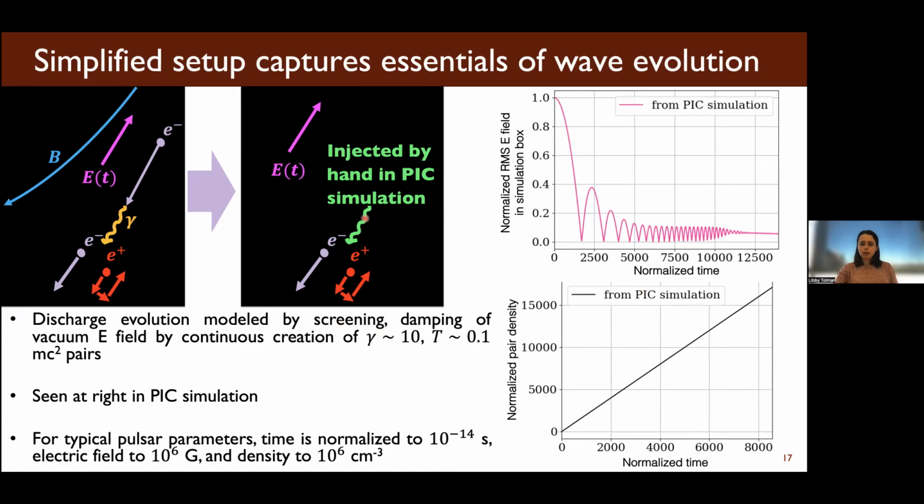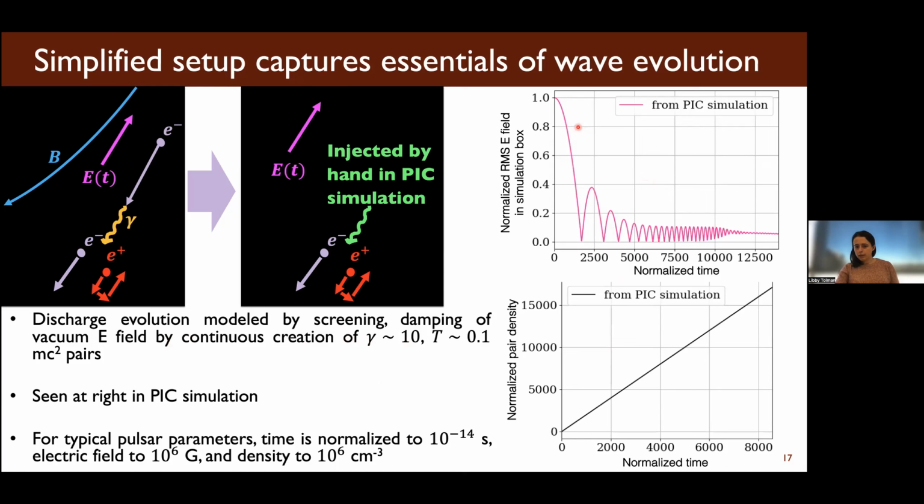Basically, to understand the overall physics of this process, we can look at just an electric field in a vacuum and then dump pairs on it by hand in a PIC simulation and see how this situation evolves. That is, we'll model the discharge evolution by the screening and damping of a vacuum electric field by continuous creation of Lorentz factor 10 small temperature pairs. So we can see what happens in a situation like this in a PIC simulation at right.